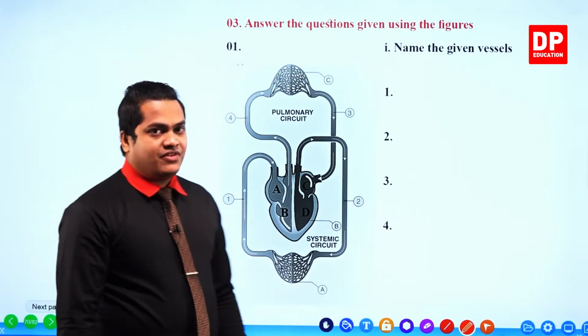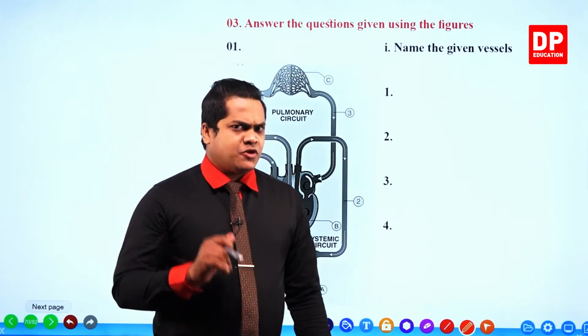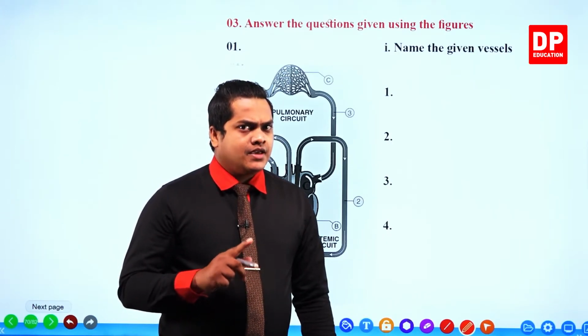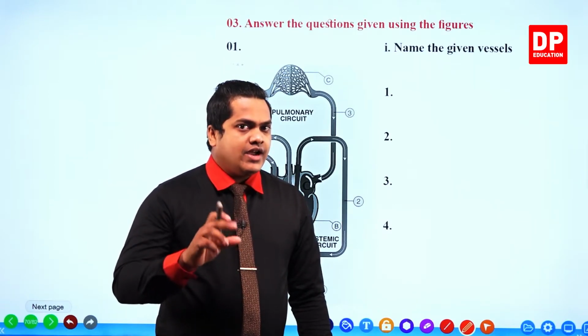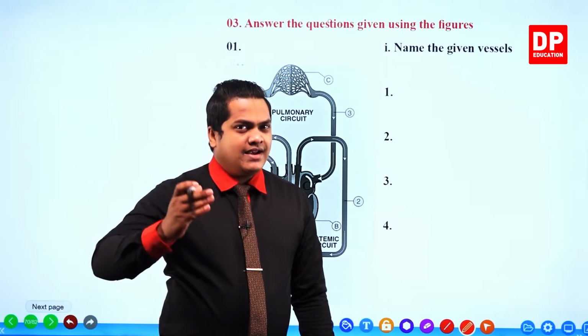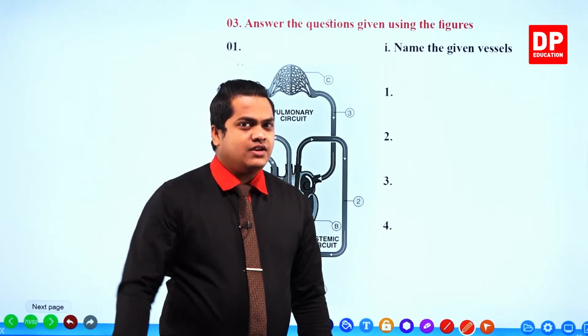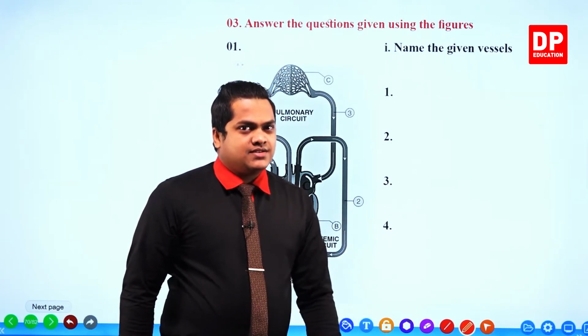So this is given as a black and white figure. And the specialty is that here, if you check this figure very clearly, right, I told you how to identify the right hand and the left hand side of a heart. We compare the thickness.